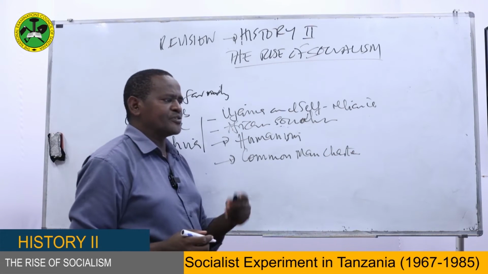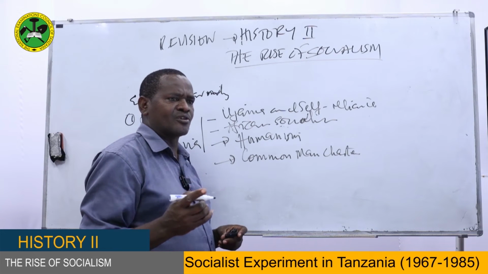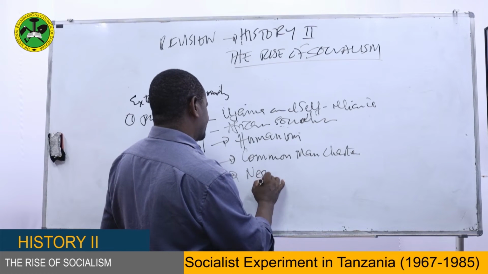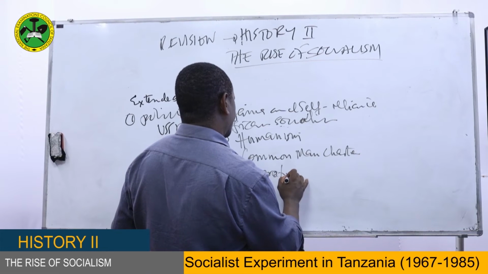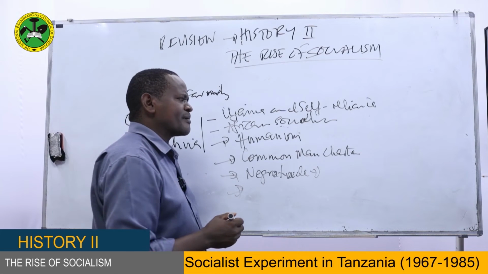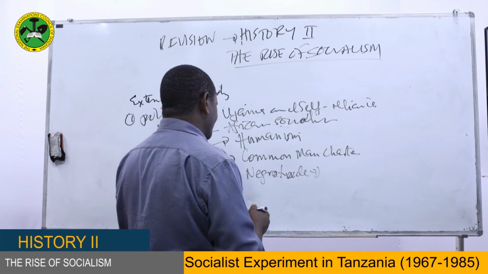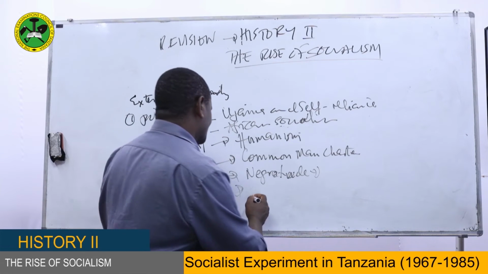And of course, if you go to Senegal, the first president of Senegal, Léopold Sédar Senghor, introduced a policy which was called negritude. And of course, in Libya, Colonel Muammar Gaddafi came with what was called the Green Book. And in that Green Book, he explained what he described as Islamic socialism, and so on and so forth.